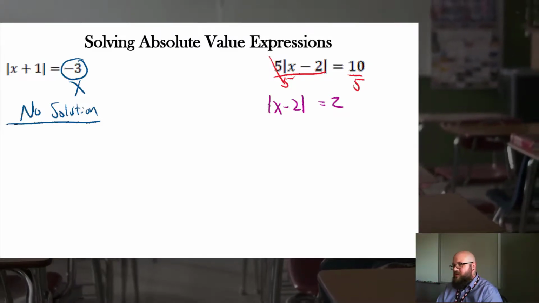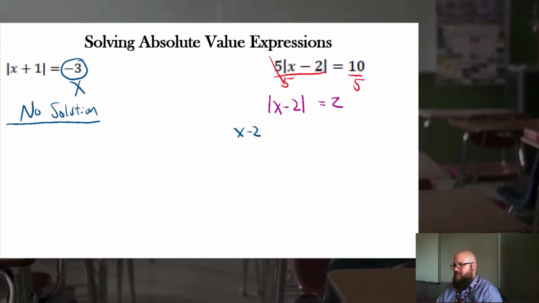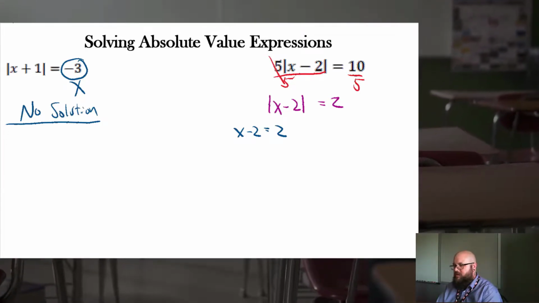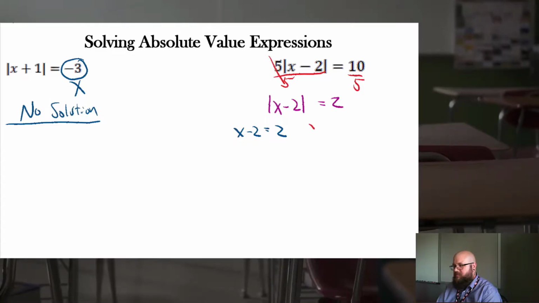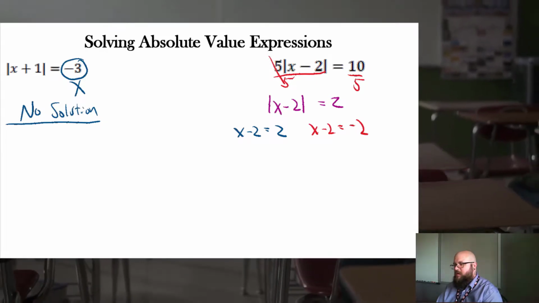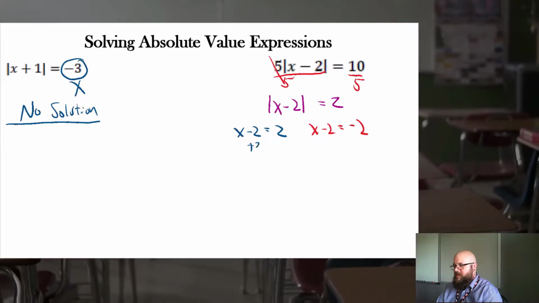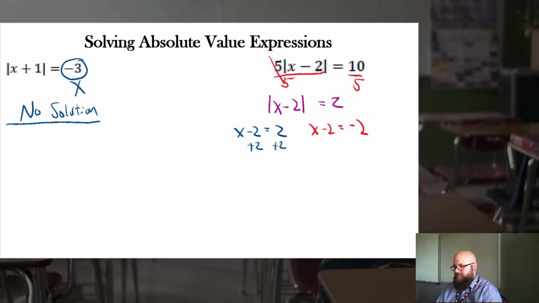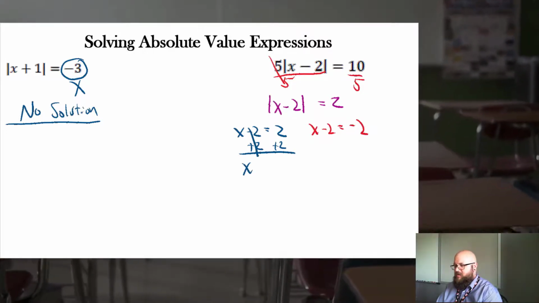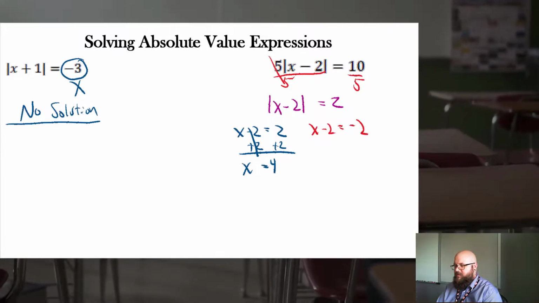So now we should look at x minus 2 equals positive 2. And we should look at x minus 2 is equal to negative 2. So this first one, if we add 2 to both sides, those 2's go away, and we're left with x equals 4.